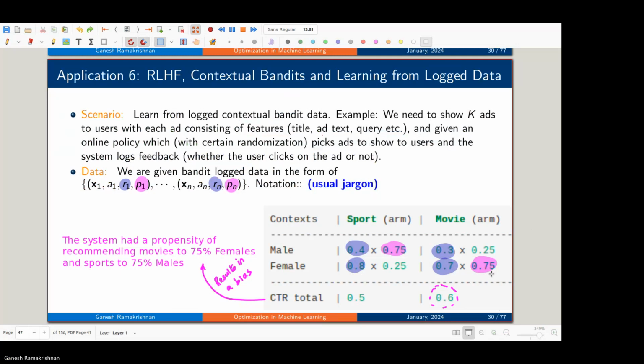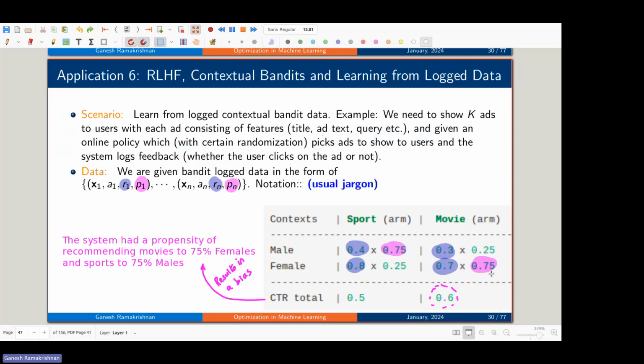So what is happening here is: P(sports) equals the reward that a male gives to sports times the propensity of the model or agent to show sports to males, plus the reward that a female may give to sports times the propensity of the model to show sports to females.